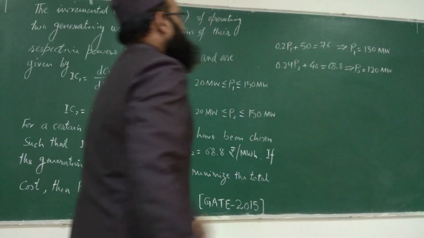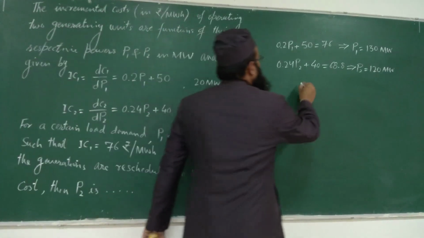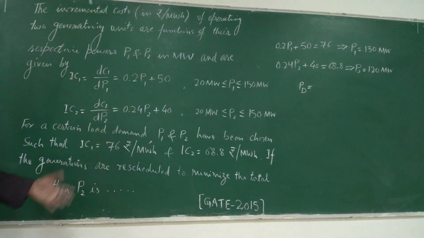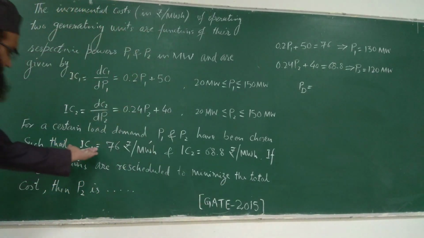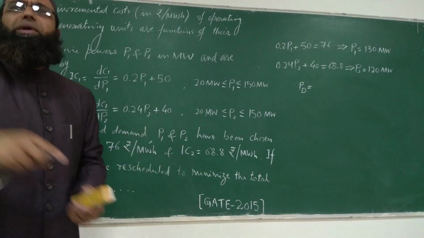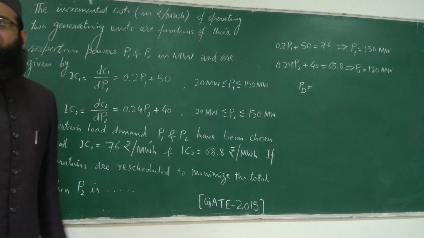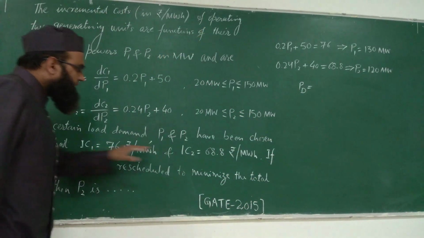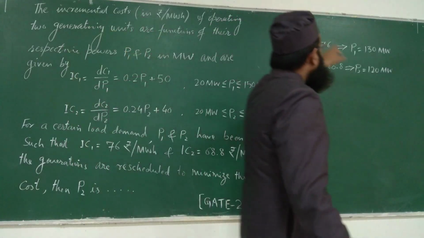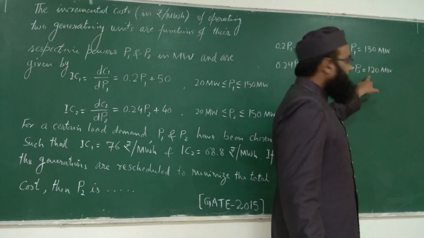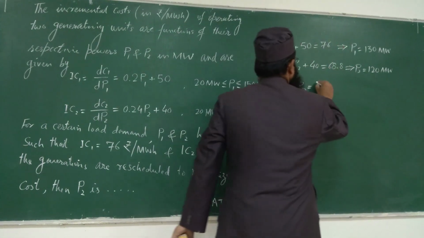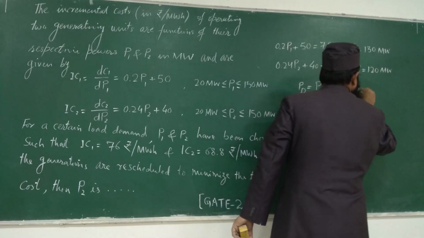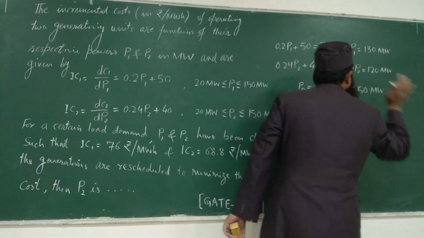So to meet a load demand, say PD, on the station, the two units are loaded, not optimally, because these two ICs are not equal, but just to meet the demand PD. Corresponding to IC1 and IC2, the two units are loaded at 130 megawatt and 120 megawatt. It means PD is known now, P1 plus P2, that is nothing but 250. So 250 megawatt is PD.